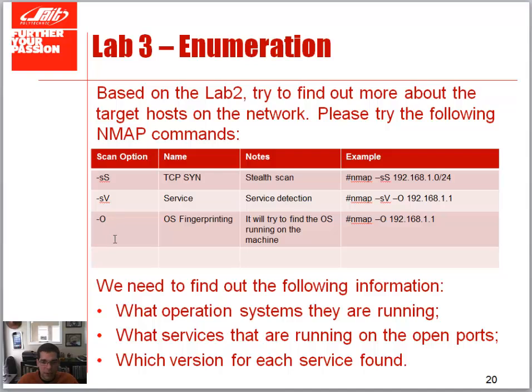To finish this lab, just try OS fingerprinting. We need to find out the following information: what operating system they are running, what services are running on the open ports, and which version for each service found.